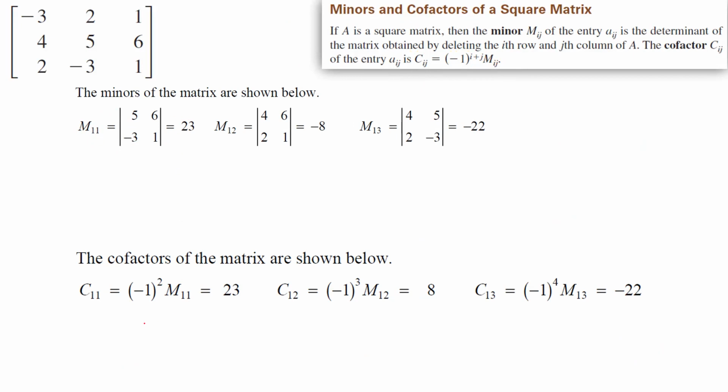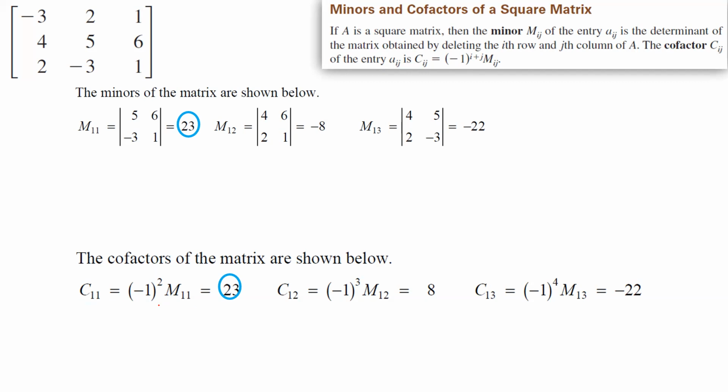You can use this to calculate C sub 1 1, which is by definition negative 1 to the power 1 plus 1, which is 2, times the minor for the first row, first column. But this is just 1. You already know that your minor is 23. So 23 times 1 is just 23.